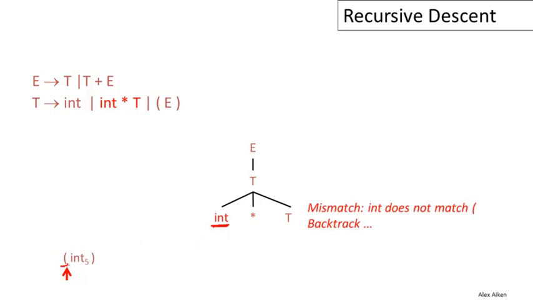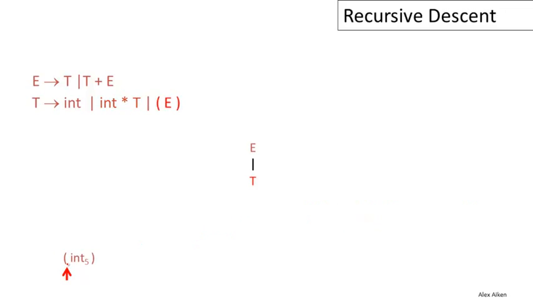And once again, unfortunately, the int token does not match the open paren, so we have to backtrack again. We undo that decision. This takes us back to trying alternatives for t. There's one more possibility, and that's t goes to open paren e close paren. So we expand t using that production.